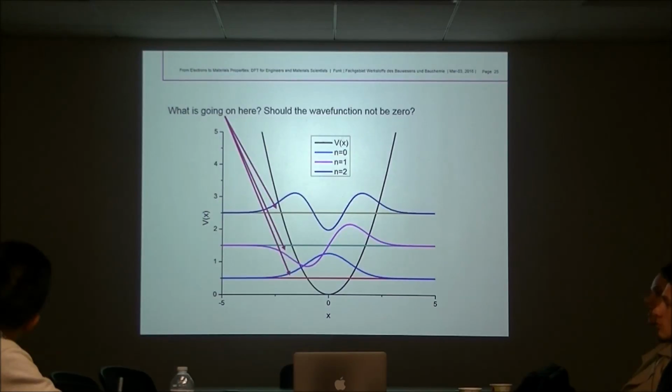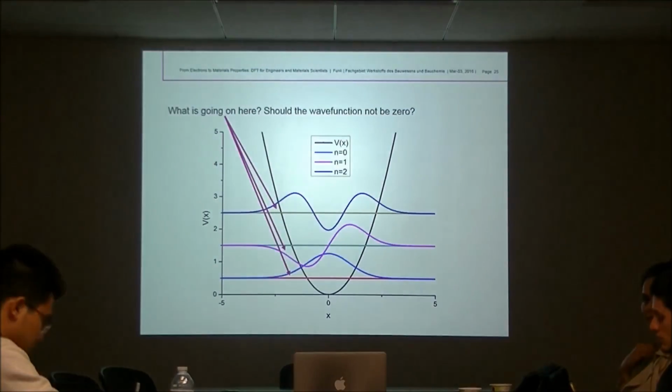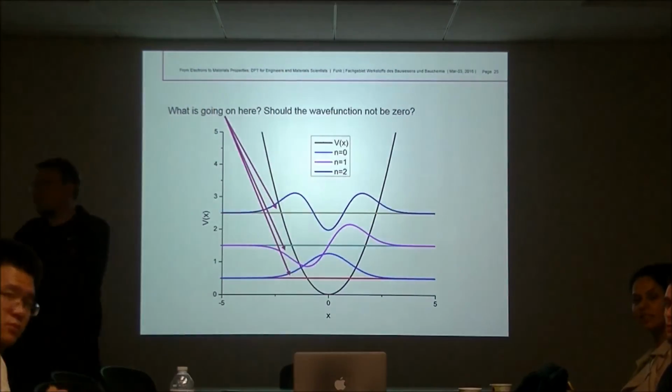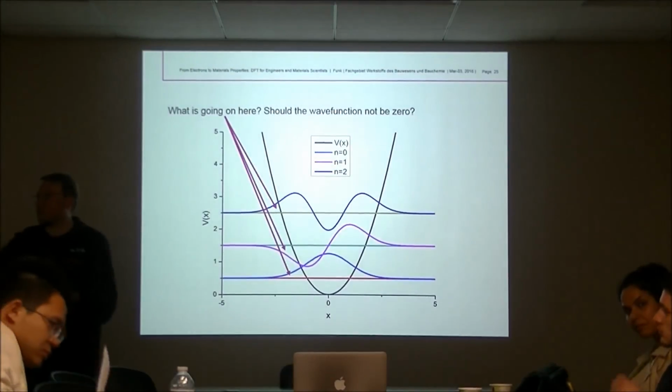For potential energy, you just take the harmonic oscillator. Then you're getting a feeling for what is uncertain and what not. So this covers almost everything.